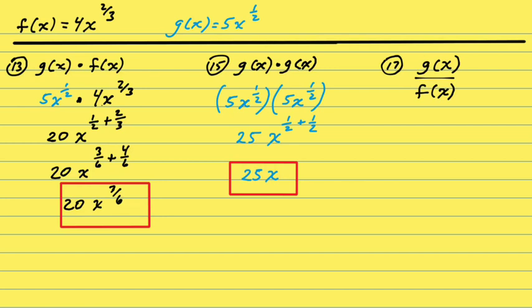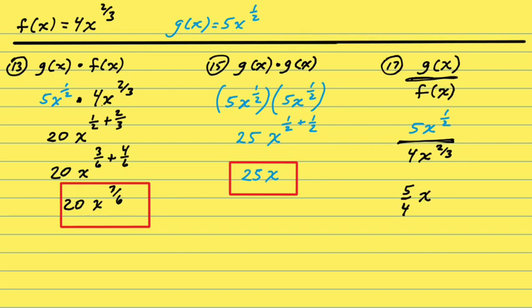g of x is 5x to the 1/2, divided by, because that's what it says to do, f of x, which is 4x to the 2/3. If you're going to divide, you divide coefficients.